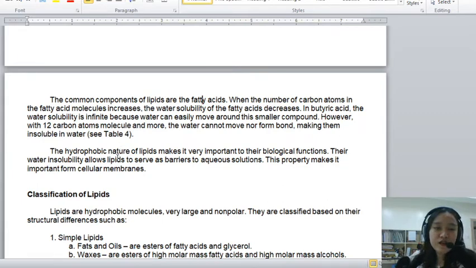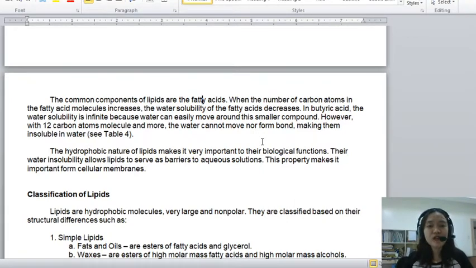Okay, so the hydrophobic nature of lipids is very important to their biological function. Actually, their being water-fearing is not a negative factor, because it actually helps in many biological processes found in the body.